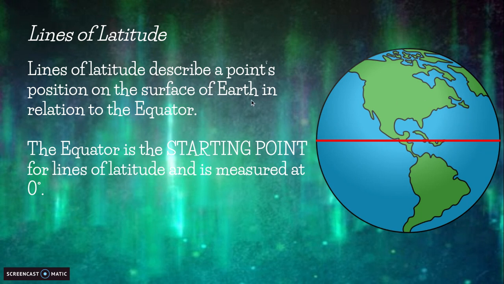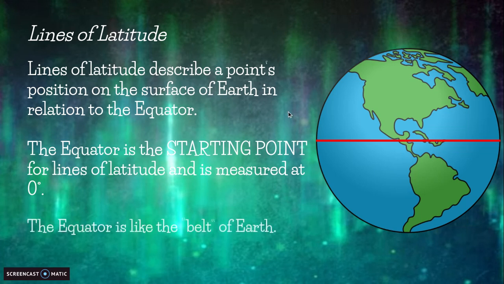Think about it, if you're running a race, you always have a starting point. Well, for lines of latitude, the equator is our starting point and it's 0 degrees. The equator is like the belt of Earth.